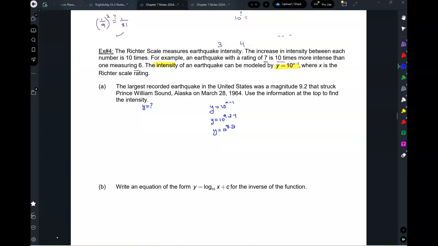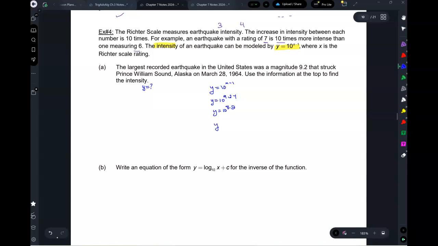We're going to plug that into your calculator, and you're going to get 158,489. No, I'm sorry, it's 1,489,319.246. That's a lot. Okay.